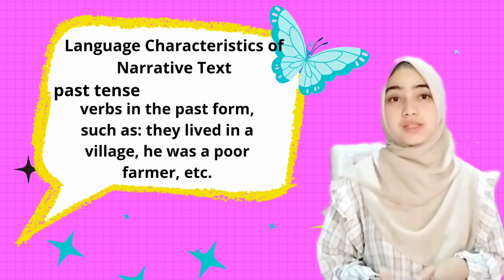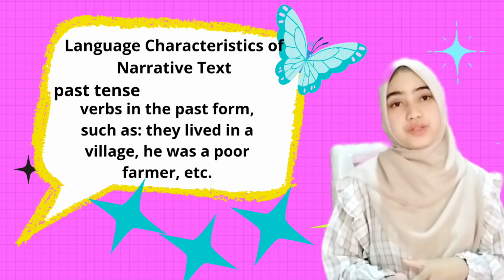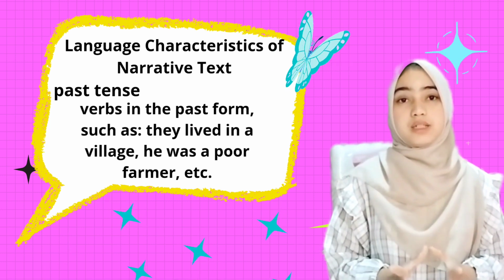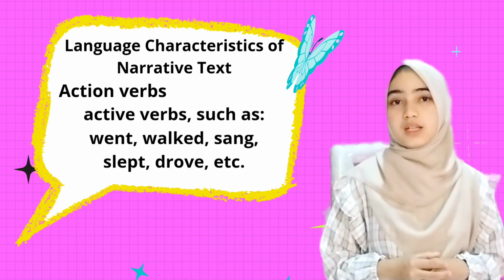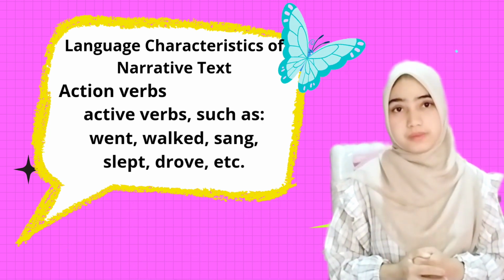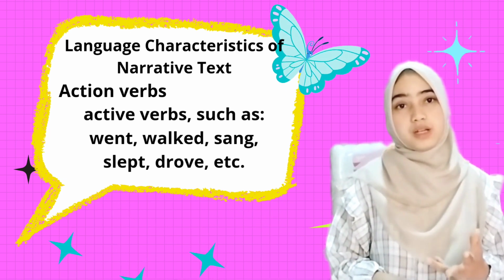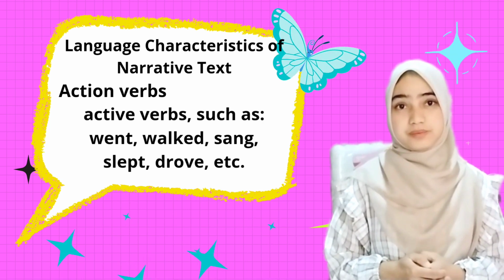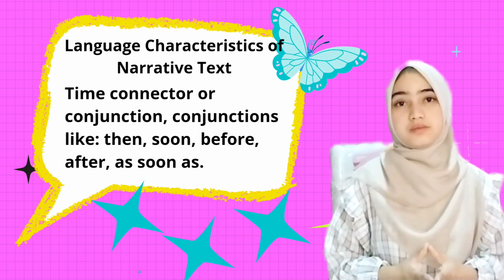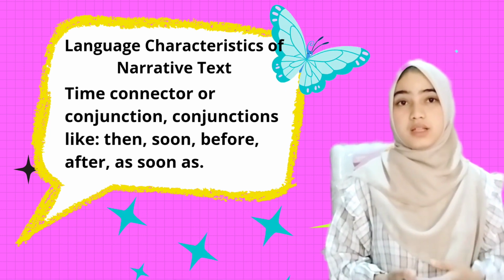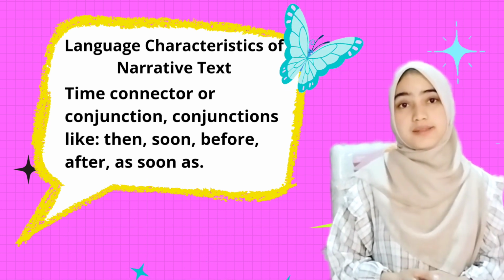Verbs in the past form such as they lived in a village, he was a poor farmer, and etc. Second, action verbs or active verbs such as went, walked, sang, slept, drove, and etc. Third, time connector or conjunction. Conjunctions like then, soon, before, after, as soon as.